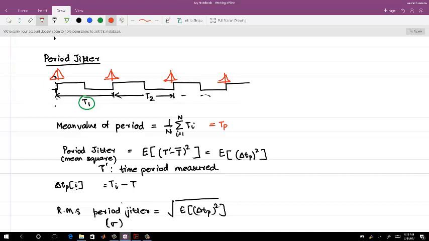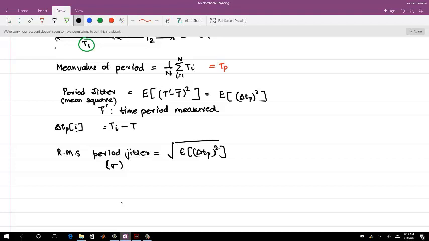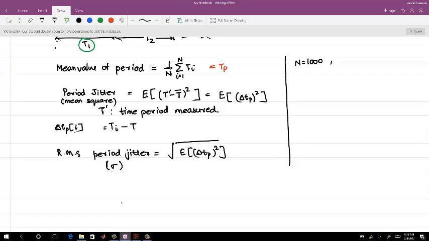No, let me just rephrase what you are saying. What you say is, I measure for n equals, let's say, 1000 samples. I calculate sigma; let me call it sigma measured.